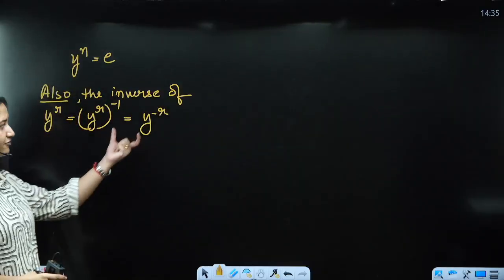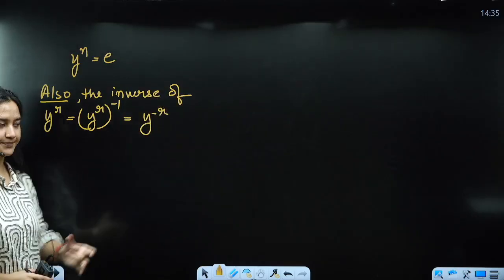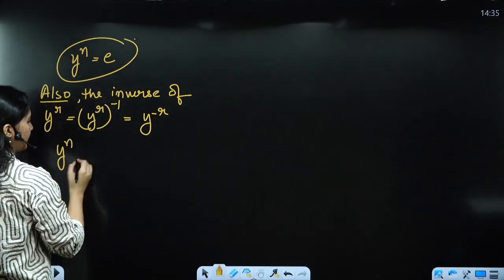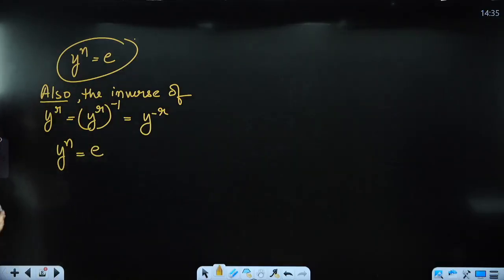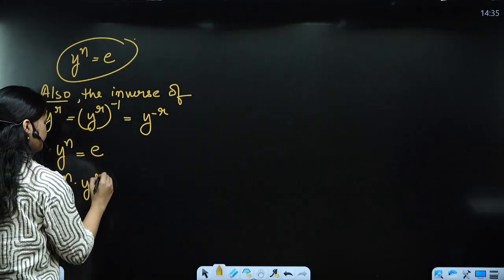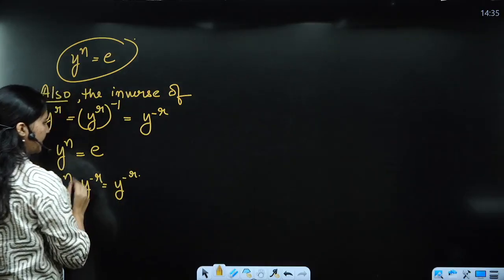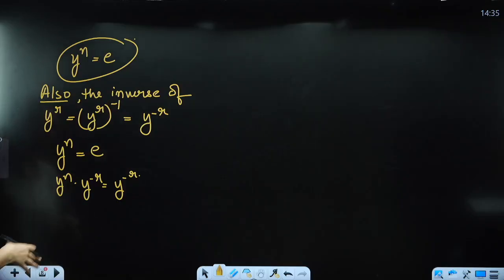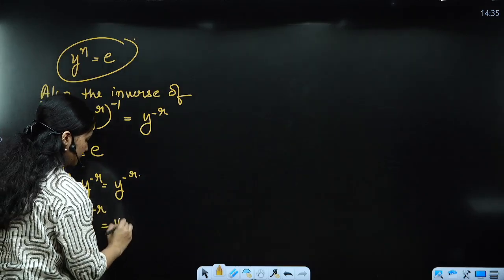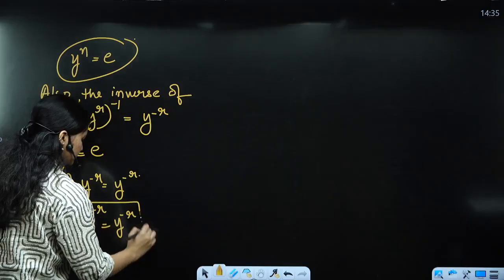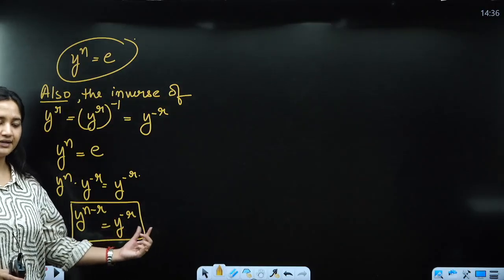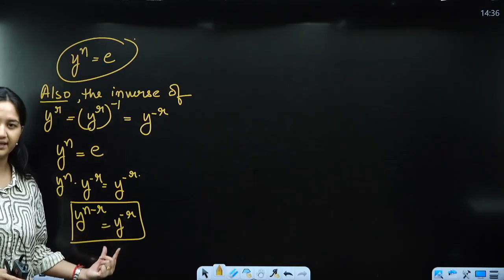So I have to figure out the value of y raised to the power minus r. From here, y raised to the power n equals e. Now if I multiply by y raised to the power minus r on both sides, what am I going to get? e into y raised to the power minus r is again y raised to the power minus r. This can be written as y raised to the power n minus r. So the inverse of an element of the form y raised to the power r exists in the form of y raised to the power n minus r, right?